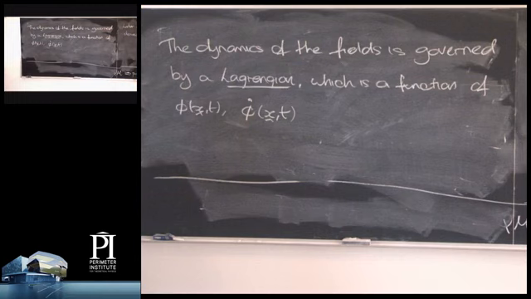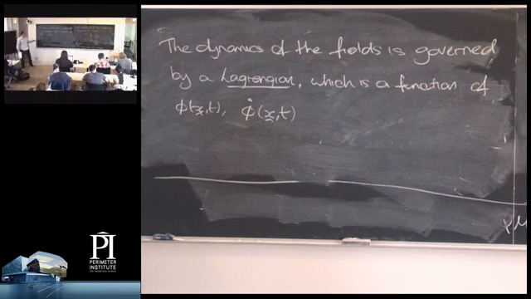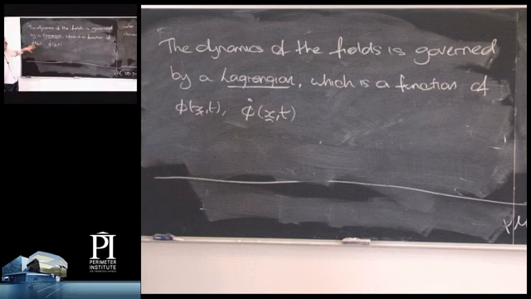So if you think back to standard particle mechanics, the Lagrangian is typically a function of the positions of the particles and their velocities. So the analog here is the value of the field, the time derivative of the field, but now the field is also a function of space.